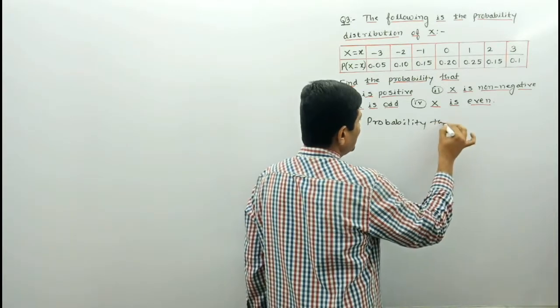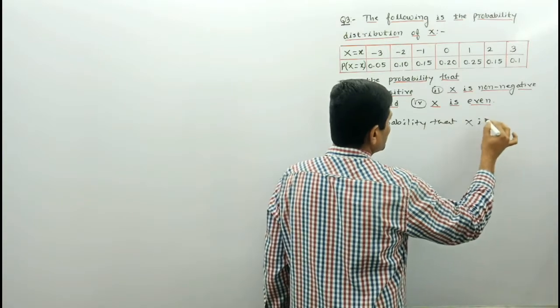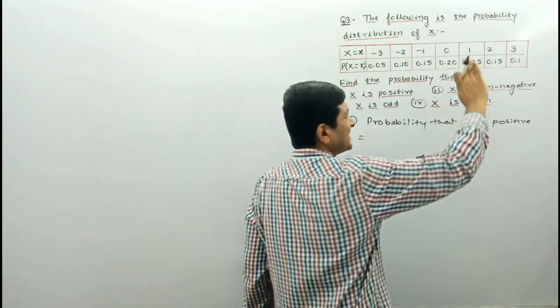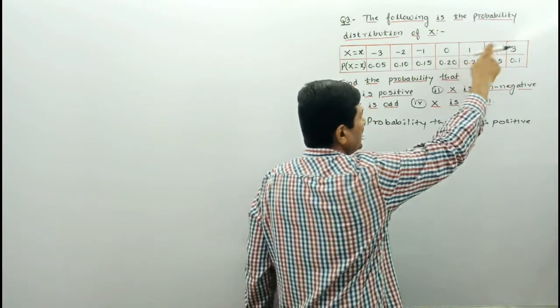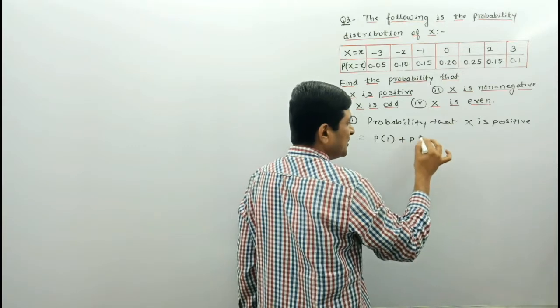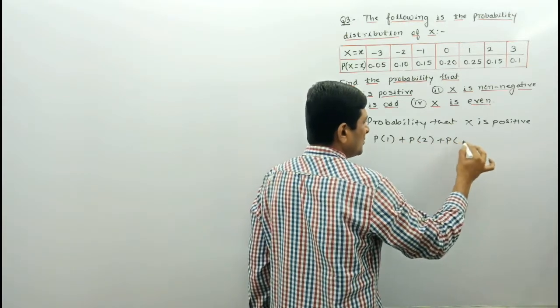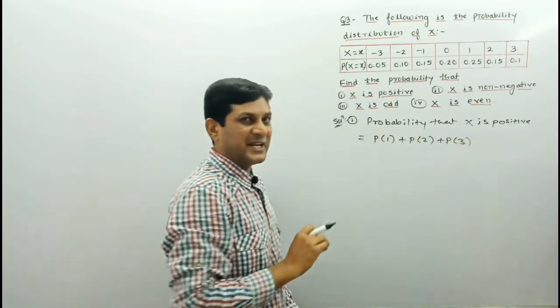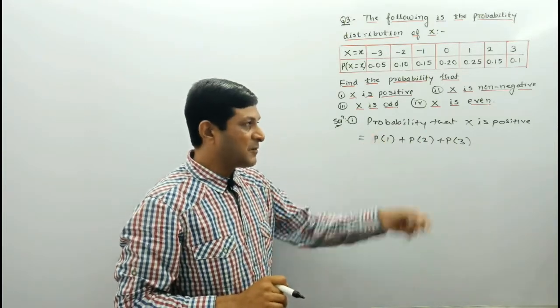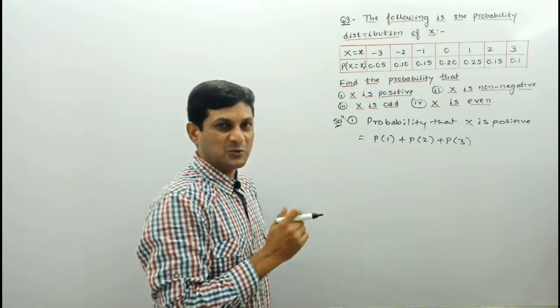Probability that X is positive is equal to. X is positive means its value is equal to 1, 2 and 3, so its value is equal to P of 1 plus P of 2 plus P of 3, because only 3 values of the random variable are positive. So that's why we can say that our required probability is P of 1 plus P of 2 plus P of 3.